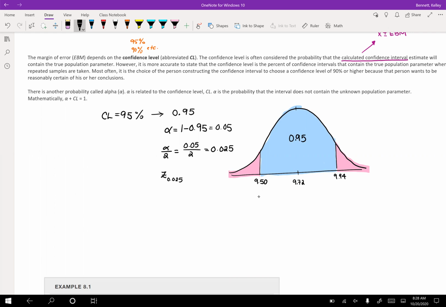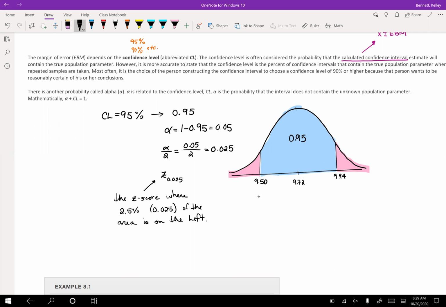What that means is just the Z-score where whatever that little number is, that subscript, that's the percentage, or as a decimal, the area that's on the left.